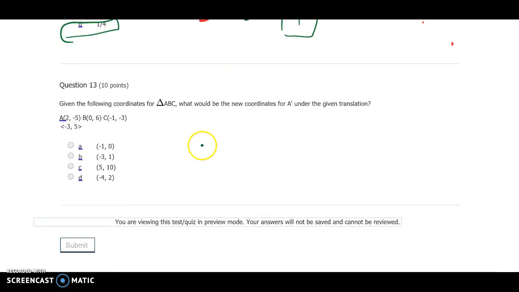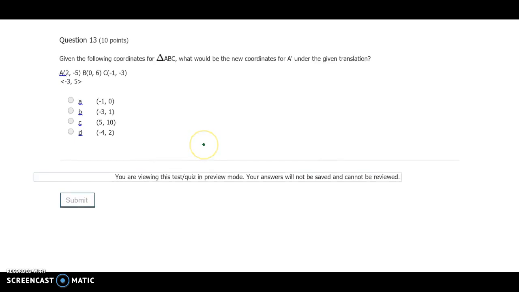So moving on, question 13, last one for part 1. It says, given the following coordinates of triangle ABC, what would be the new coordinates for A prime under the given translation? And then we're given our 3 points here. Really, all they want to know is A prime, so A is the only thing that really matters.